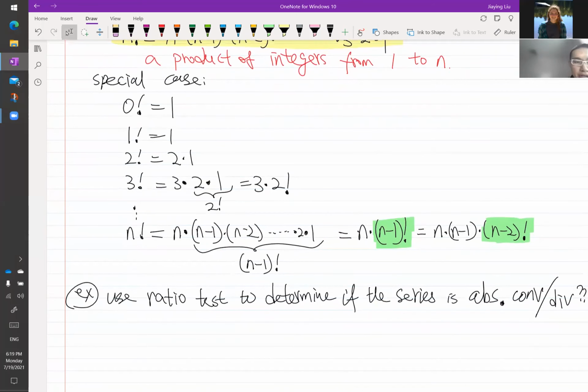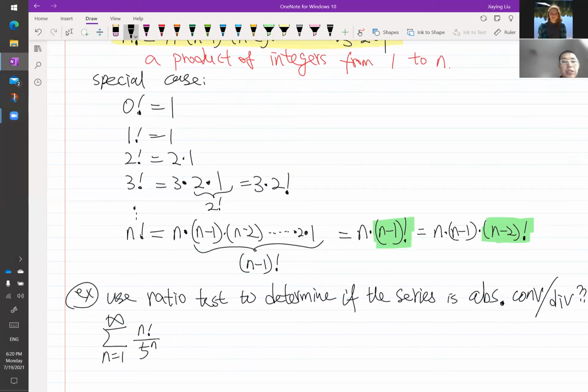The example I'm going to give is a series, the sum from n equals 1 to infinity of n factorial divided by 5 to the n.